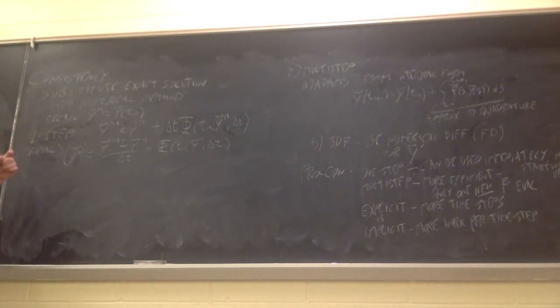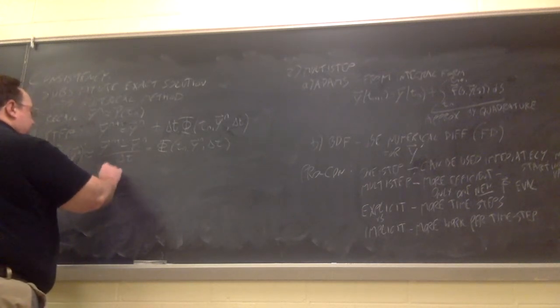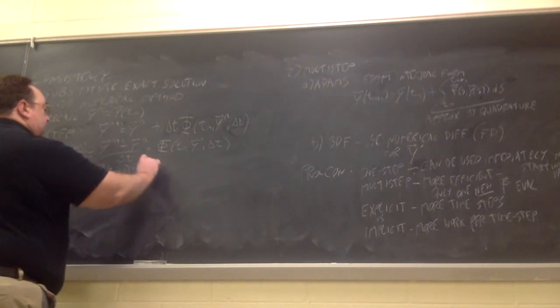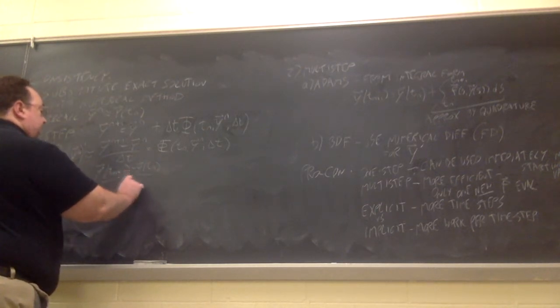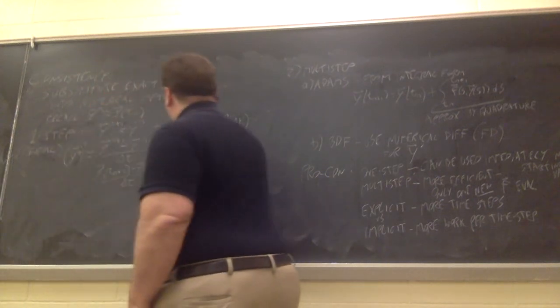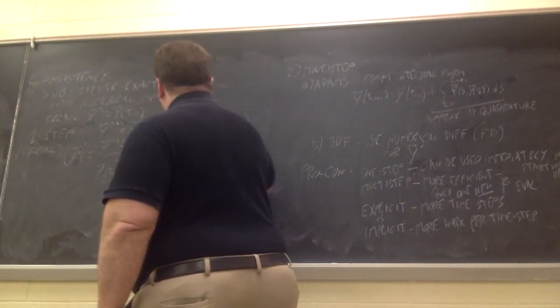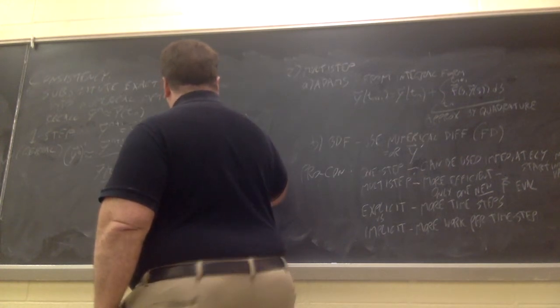Now suppose I substitute the exact solution into this. Well, the exact solution is not going to satisfy this exactly. I'd have (y(t_{n+1}) minus y(t_n)) over delta t equal to this function phi of t_n, y(t_n), delta t.